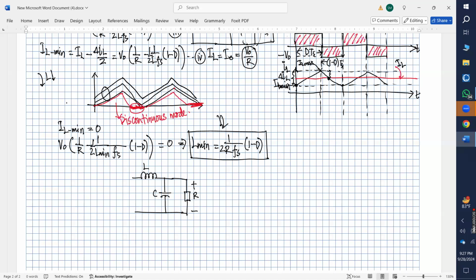As I said before, this V naught is a constant DC, meaning the current going to the load, I naught, is constant as well.